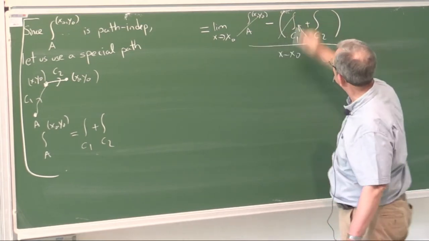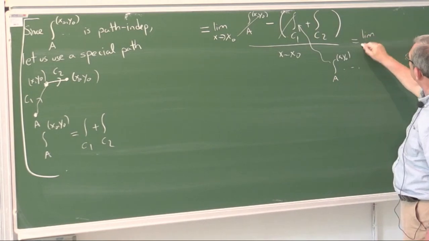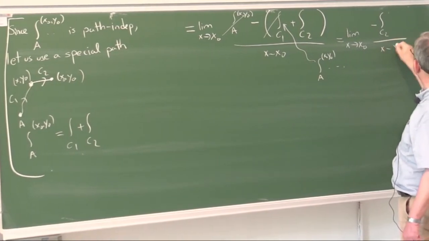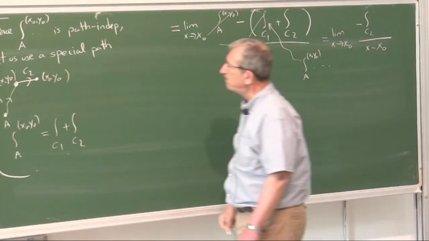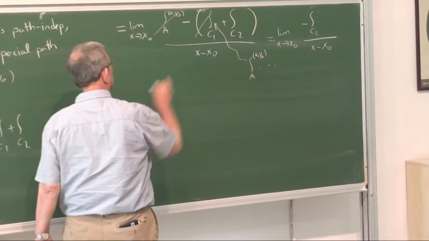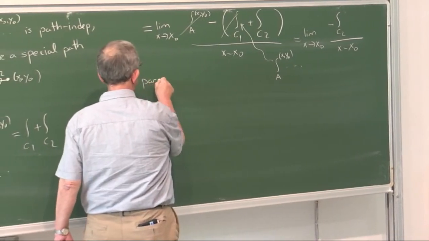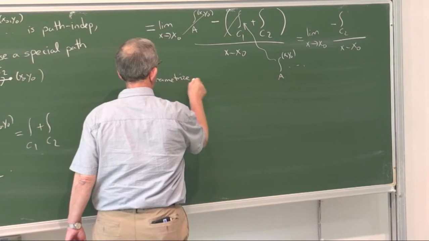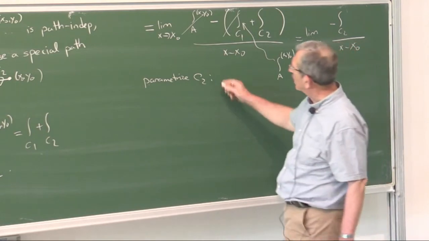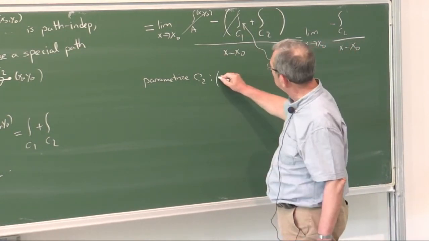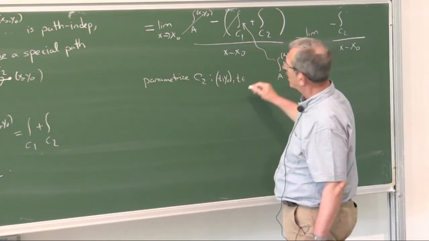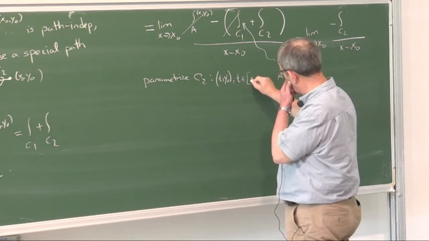So they cancel. So this is just the limit as x goes to x0 of the negative integral over C2 divided by x minus x0. Now, to calculate the negative of the integral over C2, parameterize C2, which is actually quite easy. y0 is fixed. We have (t, y0), and t runs from x to x0.